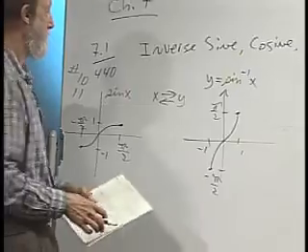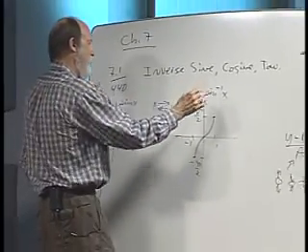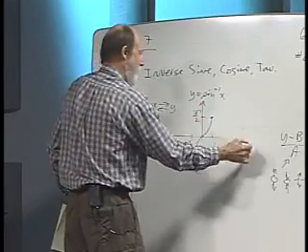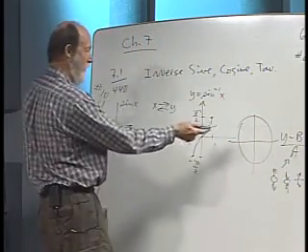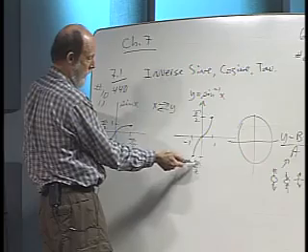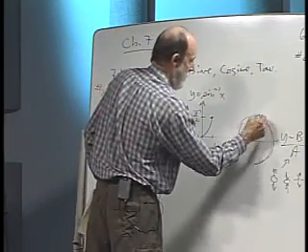All right? Okay. With that in mind, then, what you can do is you can think back to your unit circle, and you can see on your unit circle that the range of angles allowed here is from -π/2 to π/2.